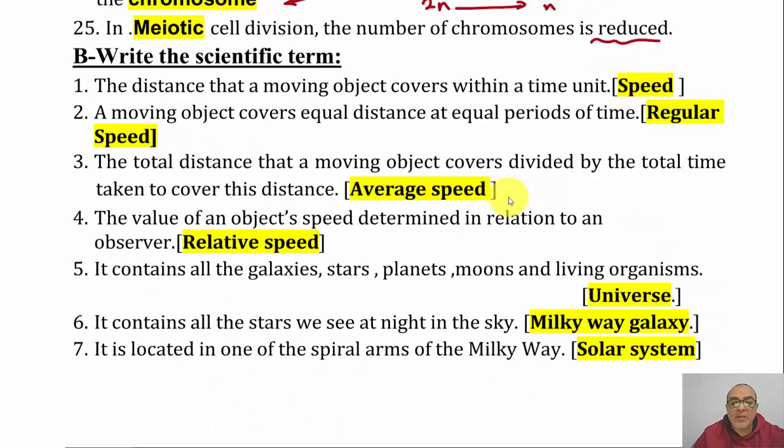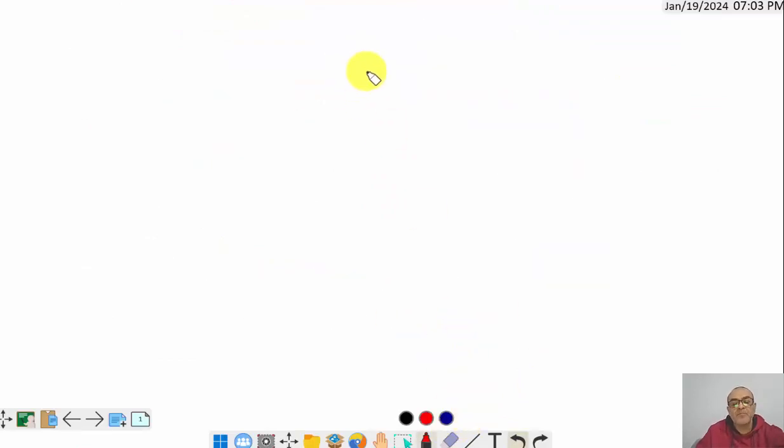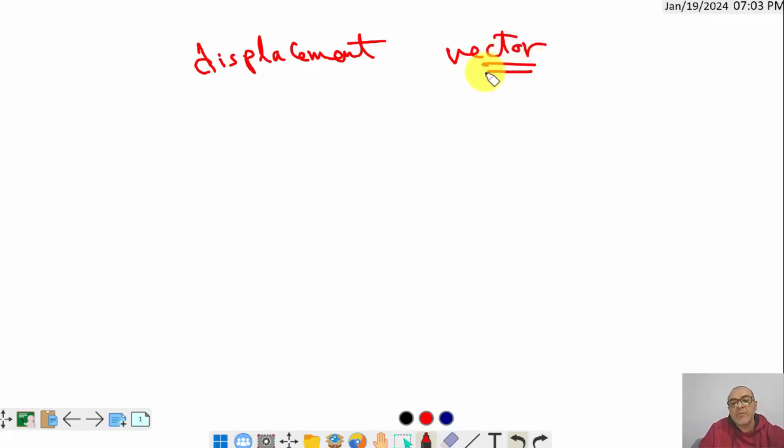Now, dear student, to another type of question, which is write the scientific term. Here, the distance that a moving object covers within a time unit is the speed. Let's get to know the difference between speed and velocity. Displacement is a vector quantity. What is meant by a vector quantity?